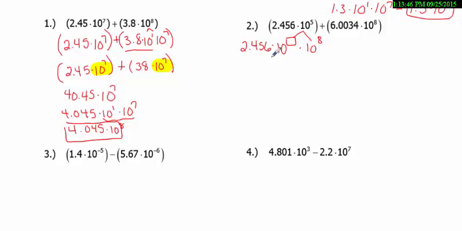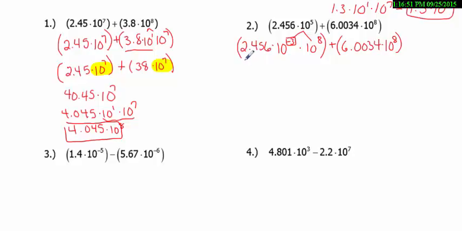Now remember, when you multiply equal bases, you add the exponents. That means that this exponent has to be added to 8 to give us 5. So it must be negative 3. So we have 2.456 times 10 to the negative 3 times 10 to the 8th. And since this parenthesis here already had the exponent that we wanted, we're just going to bring this down. 6.0034 times 10 to the 8th.